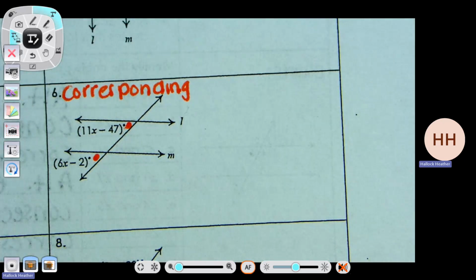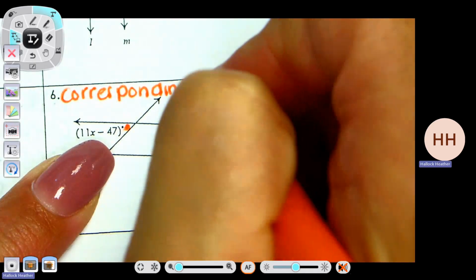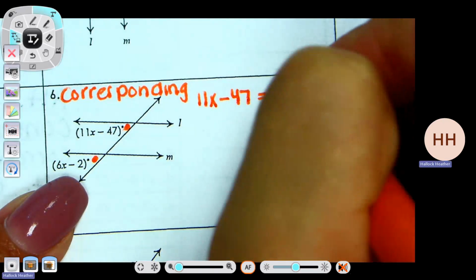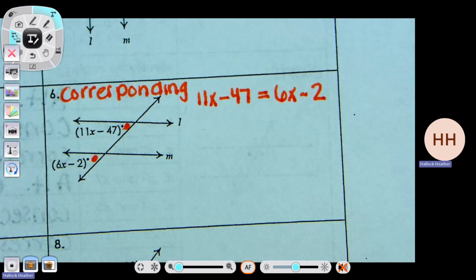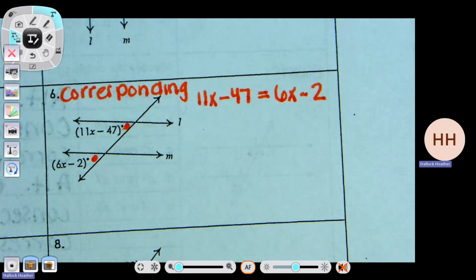So how should I set up this algebra equation? Literally set them equal to each other. So I'm going to put the equal sign smack dab in the middle. I'm going to say 11x minus 47 equals 6x minus 2. This is where your equal sign has the line straight down the middle. If you want to draw the line, you can. You don't have to, but if you want to.